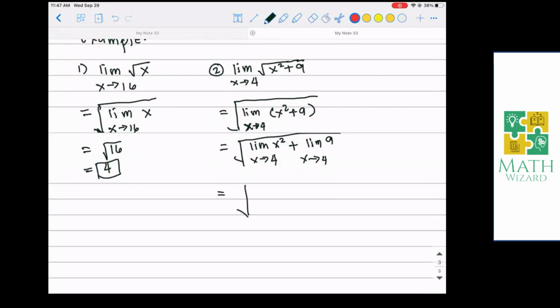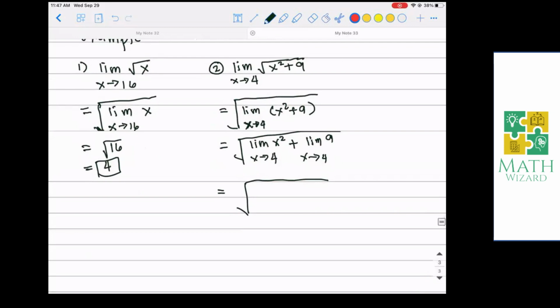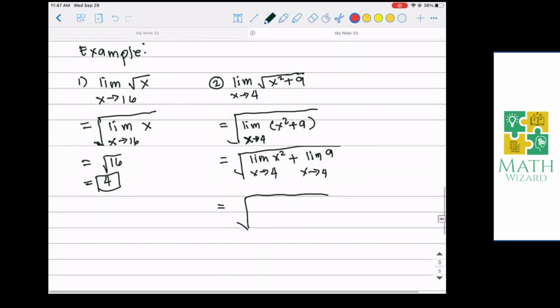Copy ko lang muna yung radical sign. The limit of x squared as x approaches 4. Ang ginagawa natin kapag it's raised to a power, we get muna the limit of x as x approaches 4 bago natin siya i-raise sa kanyang power, plus the limit of 9 as x approaches 4.